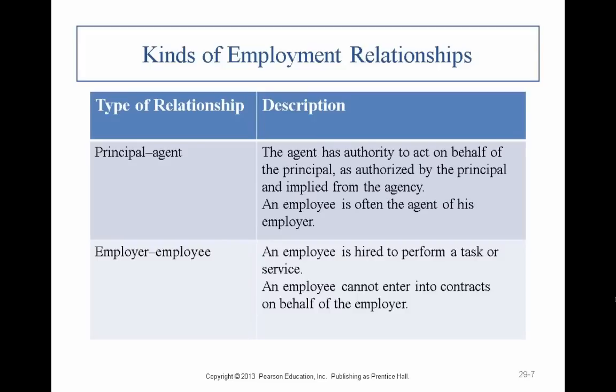But you really have to see, what is this person hired to do, right? Are they only an employee, or in some aspects can they bind their employer to certain things? And in your example, someone who's buying some stuff for the store because of their job responsibilities is an agent in that capacity, absolutely.